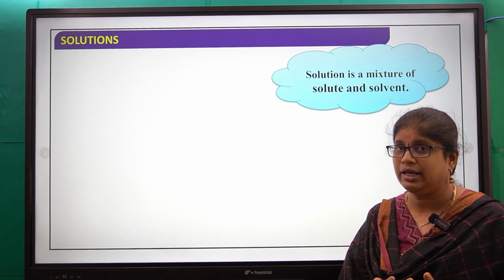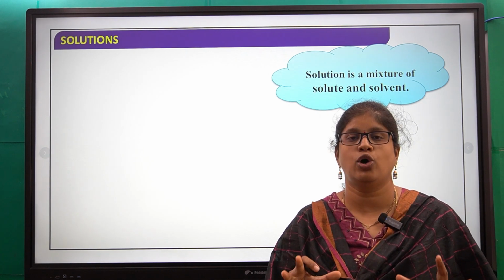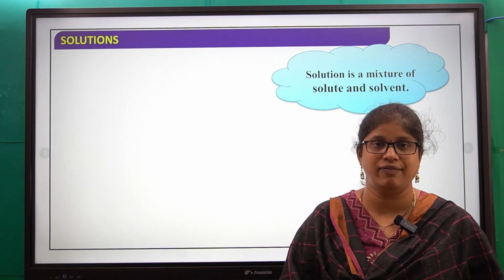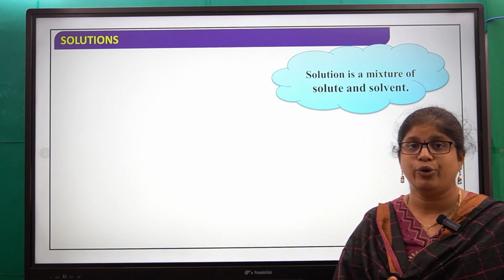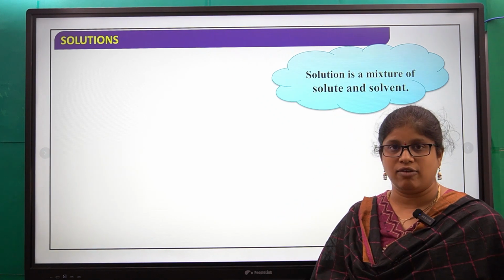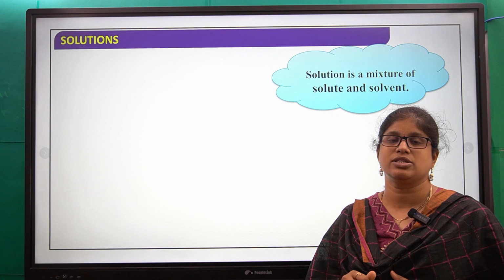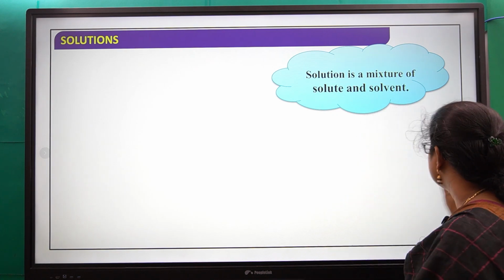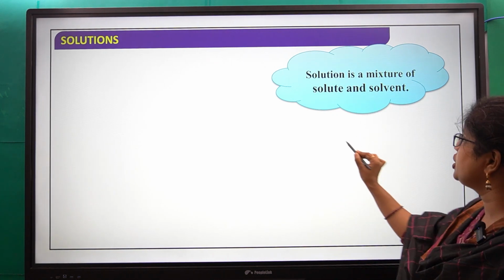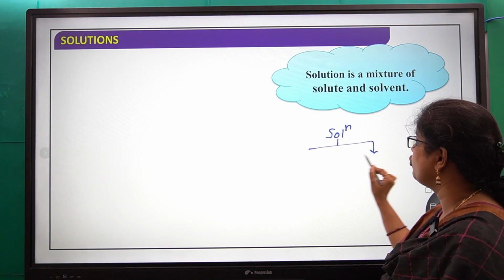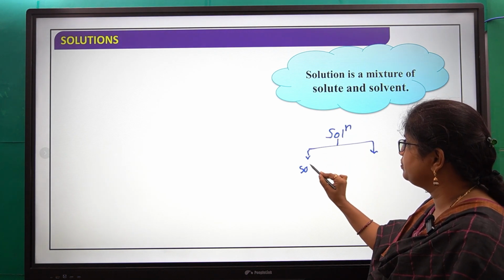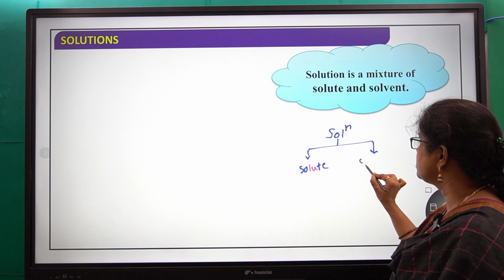Solutions are homogeneous mixtures of two or more components. Of those components, one is called solvent and the other is called solute. So a solution is a mixture of two components: solute and solvent.